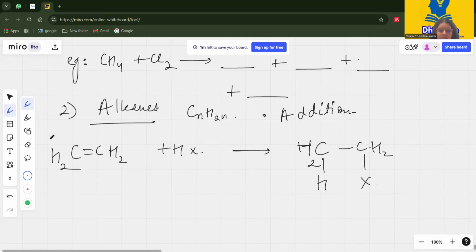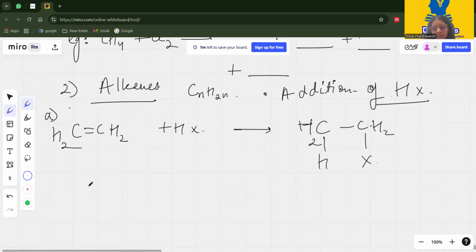So this was the first type, addition of hydrogen halides, addition of HX, right? An example, write an example here.